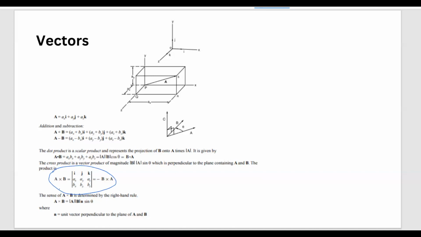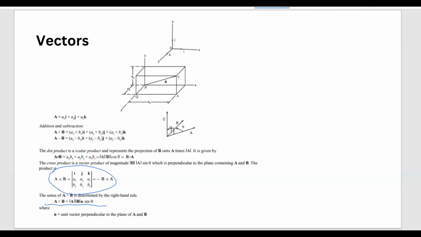And there is another formula for the cross product, which is A cross B equals magnitude of A times magnitude of B times sine theta, and n is the unit vector perpendicular to A and B. And as you probably already noticed, this formula is very similar to the dot product. The only difference is that instead of cosine, we have sine of theta.